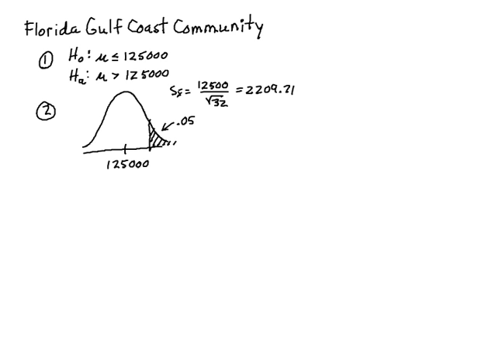Now, again, this is a t-distribution because I'm working with the sample standard deviation. And although 32 in some arenas is considered large, a lot of times to be safe, we use a t-distribution because that standard deviation is coming strictly from the sample.